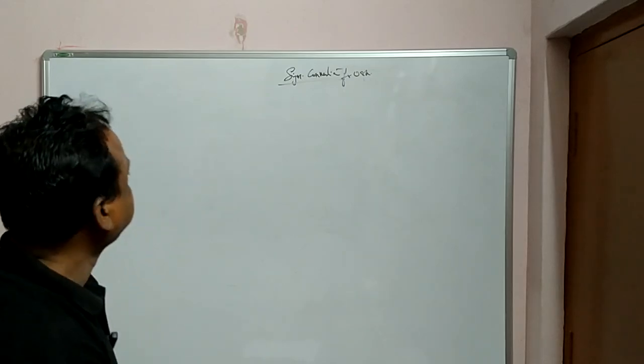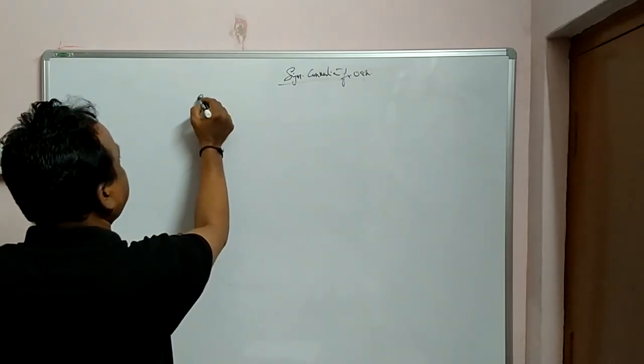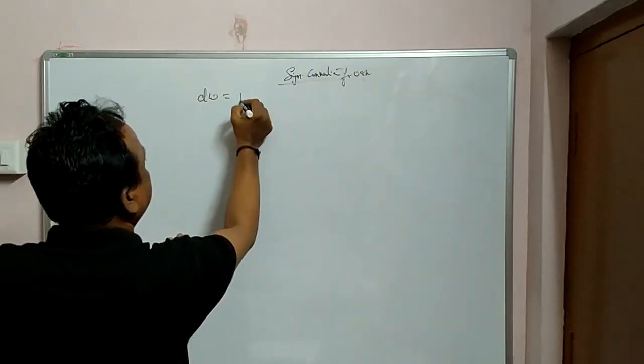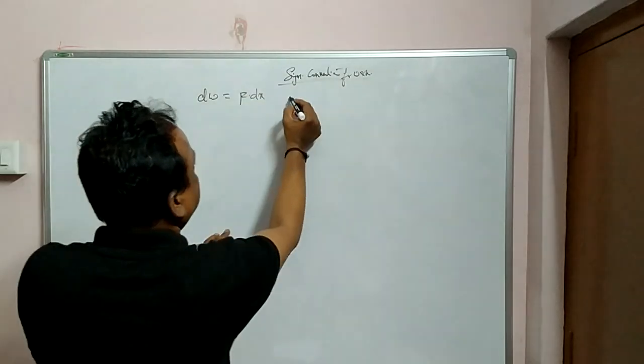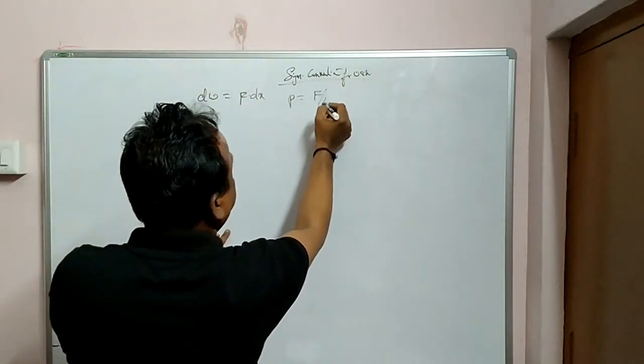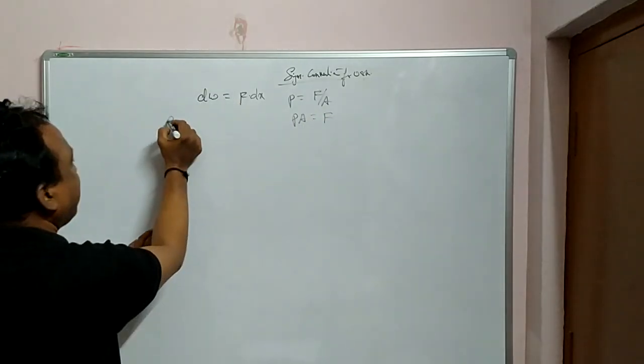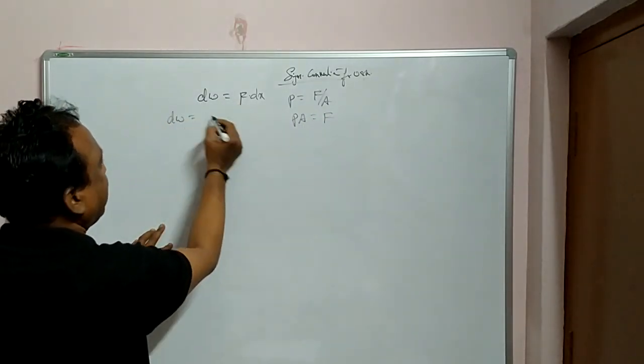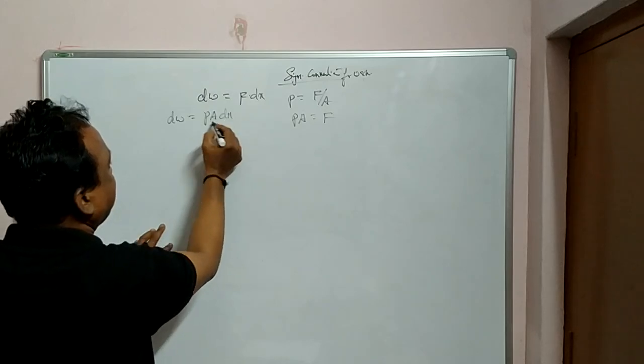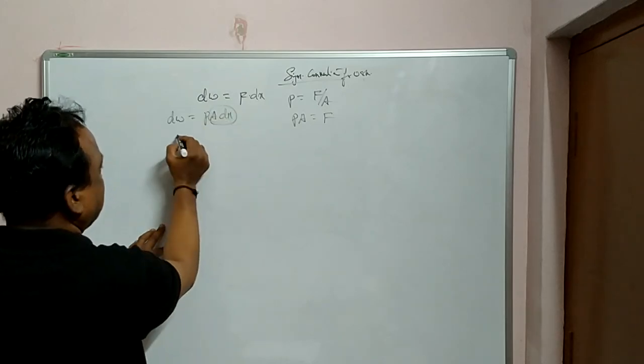We know what work done is: force into displacement. Pressure is equal to force by area, so P into A is equal to force. Put it here: dW is equal to PA dx. What is A dx? Volume.